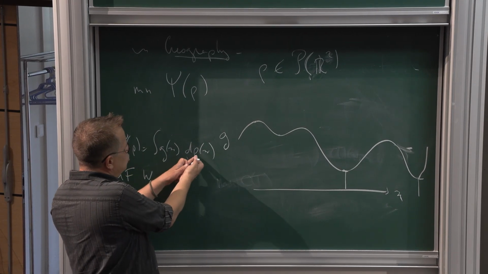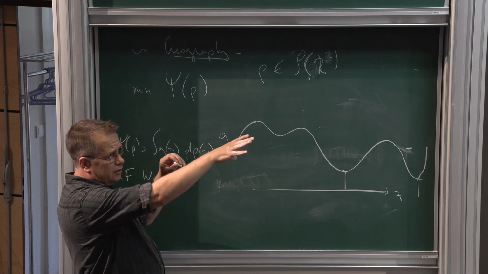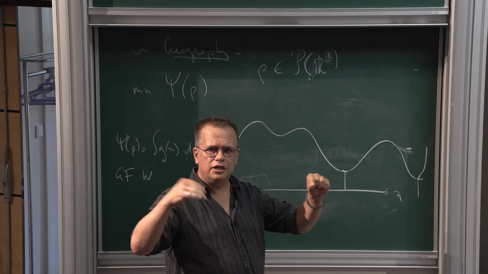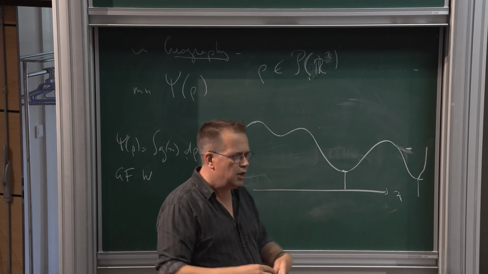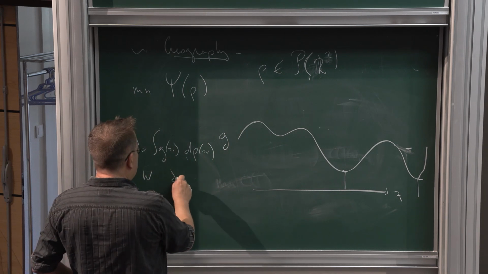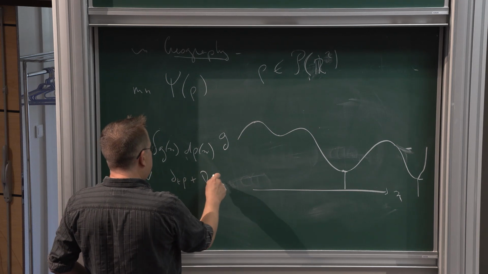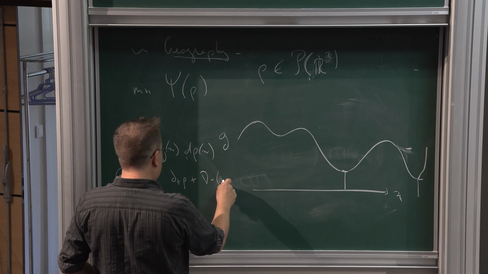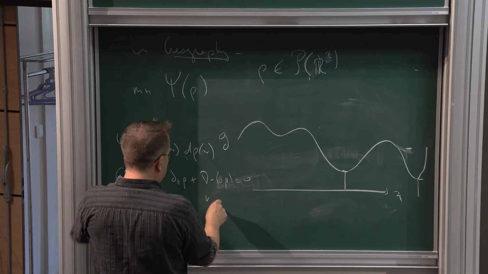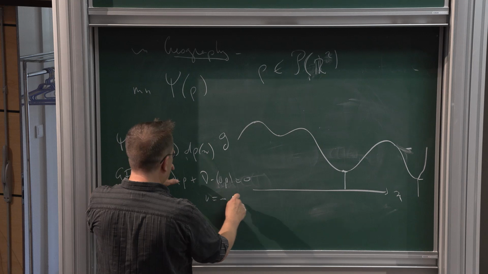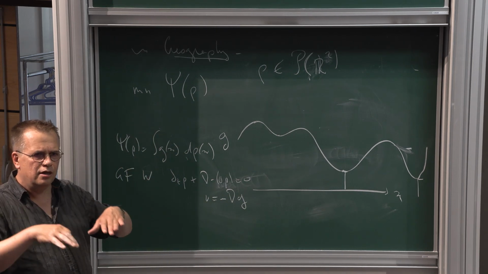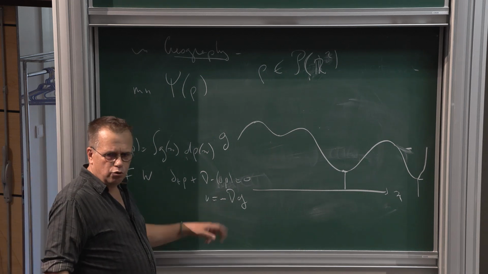The rho, the initial measure that you have, would be a measure over the set of initial conditions for your Cauchy problem, and you will find something like that, an evolution, a transport equation, where u is simply minus the gradient of g.